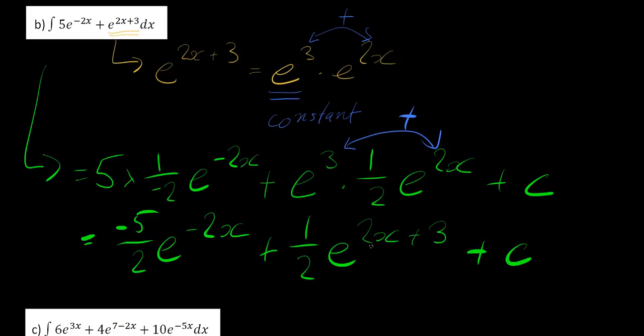So this 2 over here gets put to the front, and of course you're dividing by it. And this plus 3 here, you can just leave it there if you want. It doesn't really matter. You just anti-differentiate as if you're leaving this index intact, and you're just dividing by the value of k, the coefficient of x inside the index.